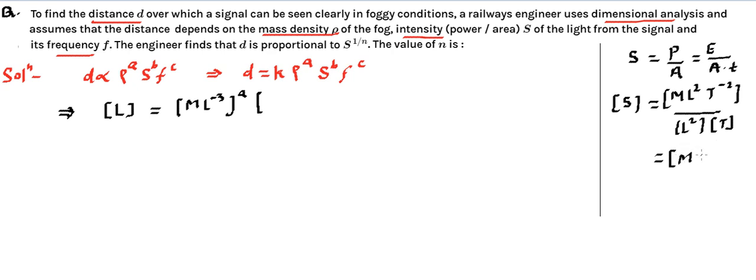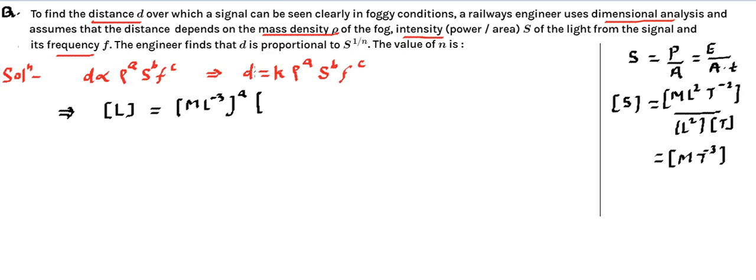It's going to be M. This is L square, this is L square. When it goes upside, it gets cancelled out, right? So that gets cancelled out, and T raised to power minus 3. So that becomes the dimensional formula for intensity.